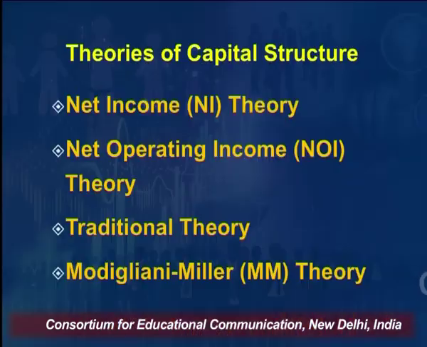Two theories out of these four, the net income theory and the traditional theory, are relevance theories of capital structure, which say that the combination, the ratio of capital structure, impacts the value of the firm. On the other hand, it is also mentioned that capital structure is irrelevant when it comes to valuation of the firm.